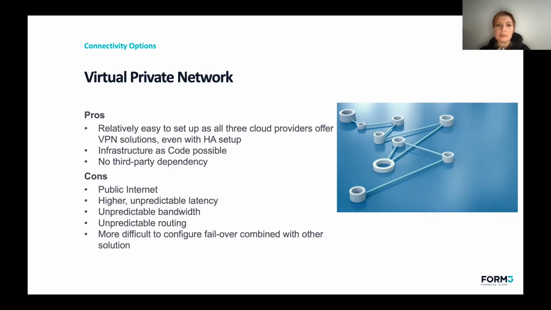So with the public internet, you have unpredictable routing. You don't control the way your packets go, so they can cross borders, basically. So that's also a downside for us. And last but not least, it would be more difficult to configure failover once we wanted to combine VPN with another solution.